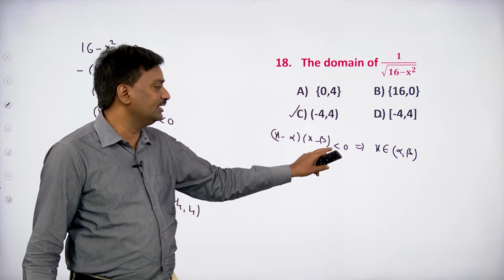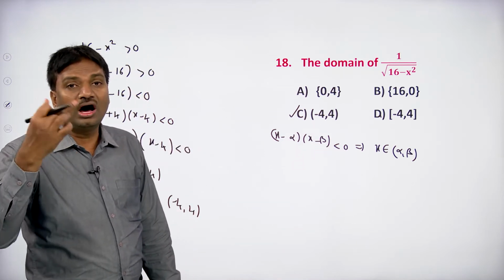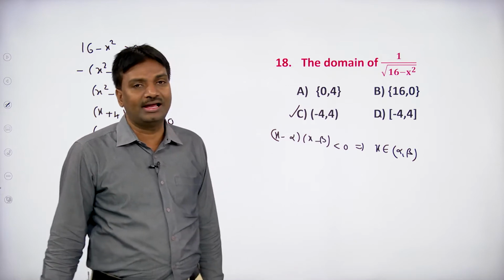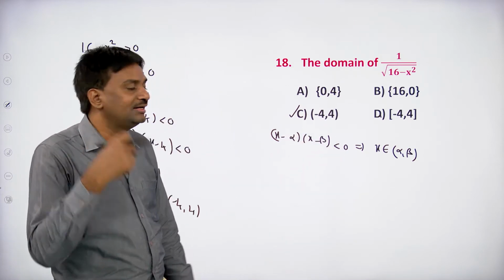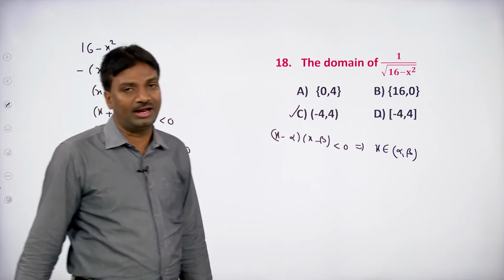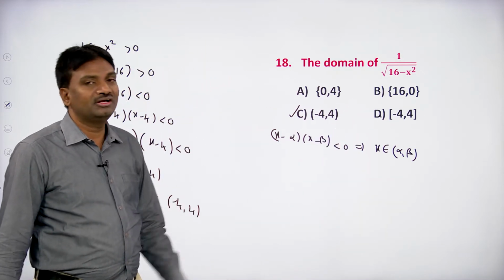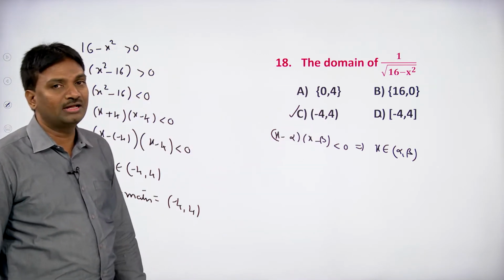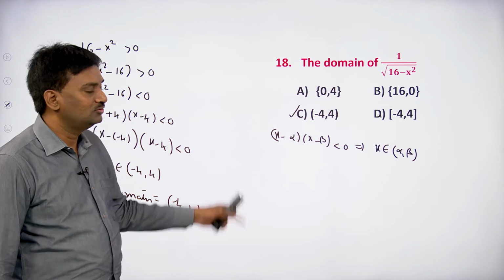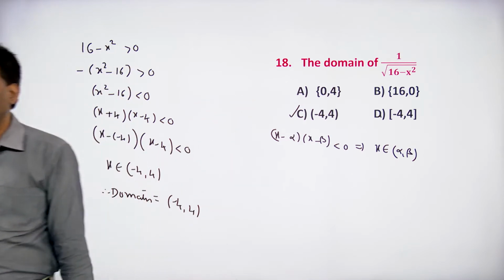If the given expression contains only less than 0 or greater than 0, then we take the bracket like this. If the given expression contains less than or equal to 0 or greater than or equal to 0, then we take the other bracket. Okay, so for the given function, the domain of 1 by square root of 16 minus x square is the open interval minus 4 comma 4. So take a screenshot of this slide.